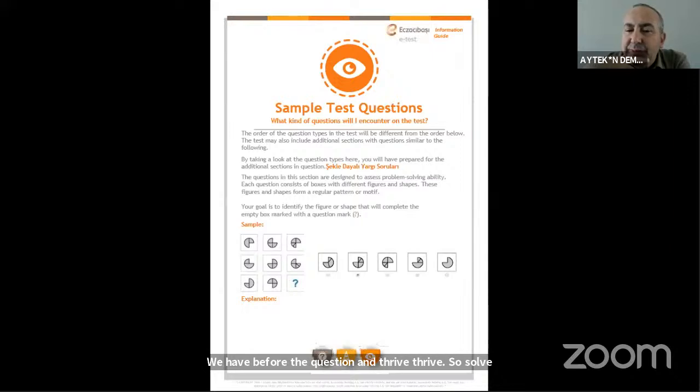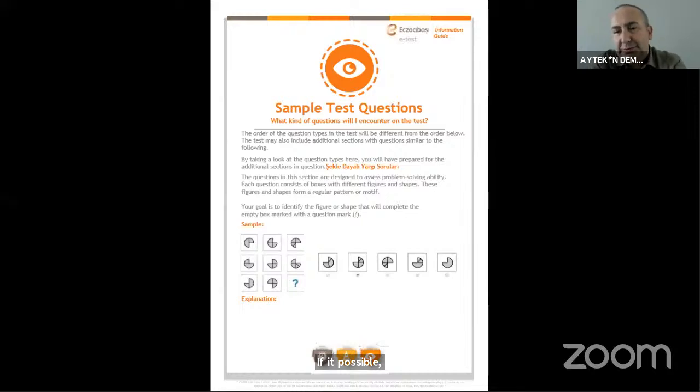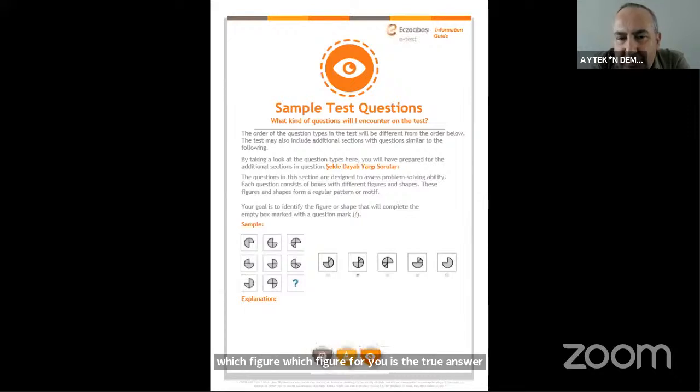Which one is the true answer? For example, this time, I want to learn the answers of our participants, if possible. Which figure for you is the true answer?